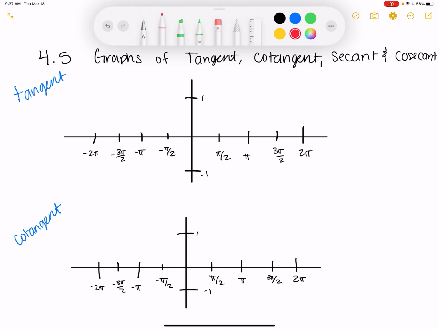Does anybody remember where they are or what increments they are? Pi over 2. Okay, so all the pi over 2s.